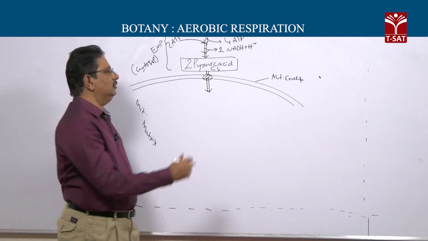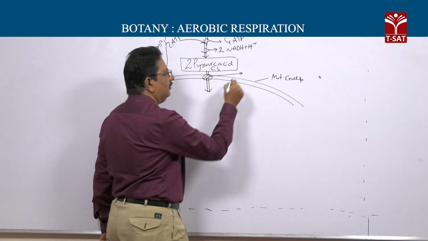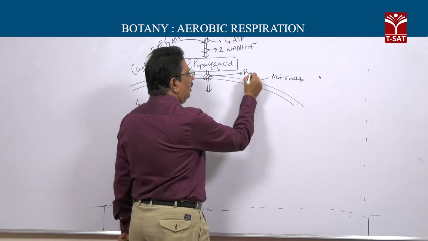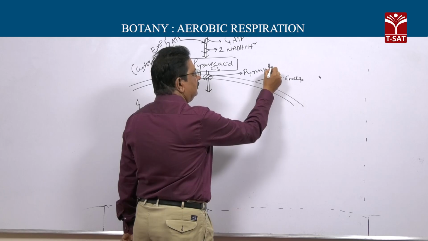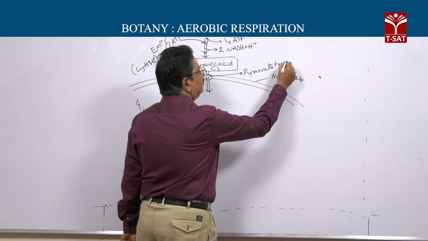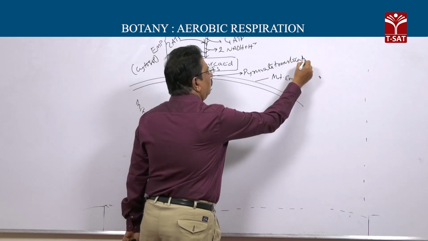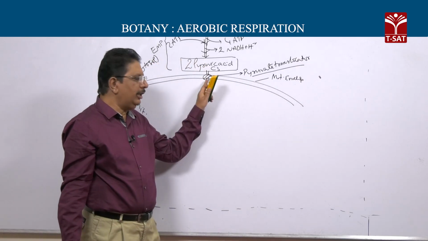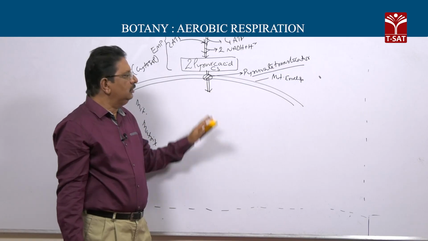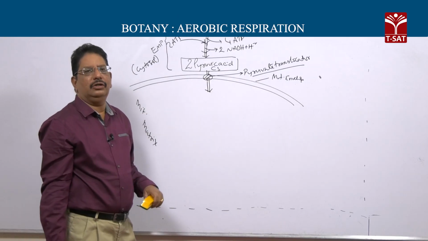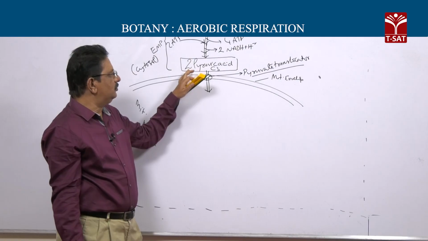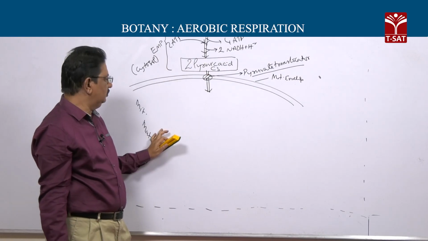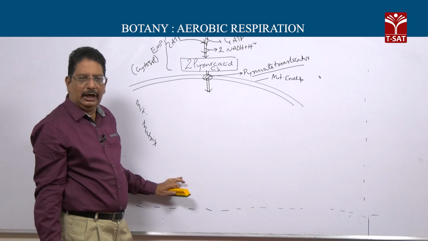So here also, some membrane-bound carrier is present in the mitochondrial membrane, called the pyruvate translocator. What is it? The pyruvate translocator is a membrane-bound protein that serves as a carrier molecule and helps in the transport of pyruvic acid from the cytosol into the mitochondrial matrix.